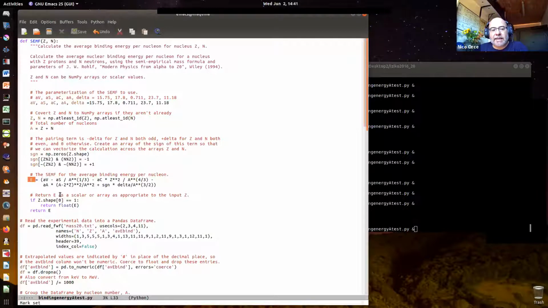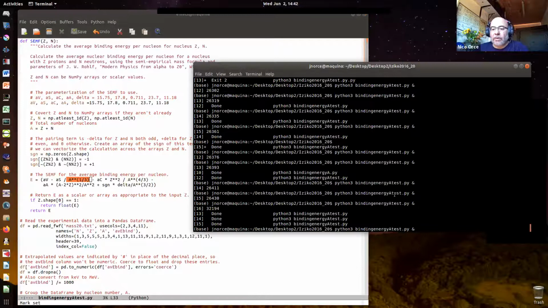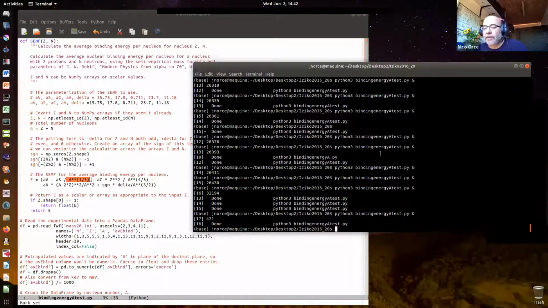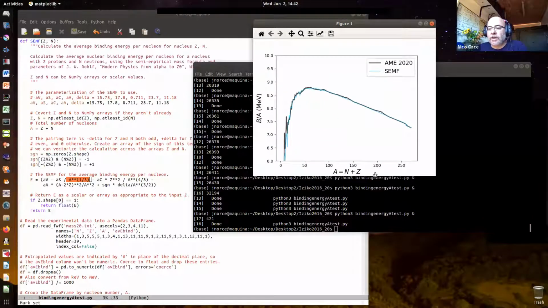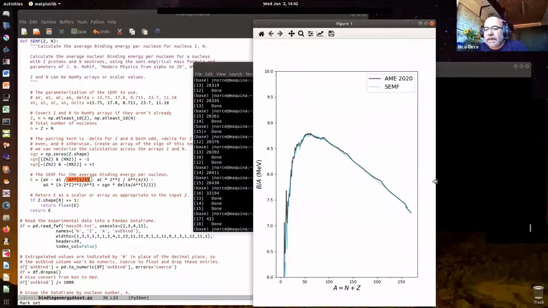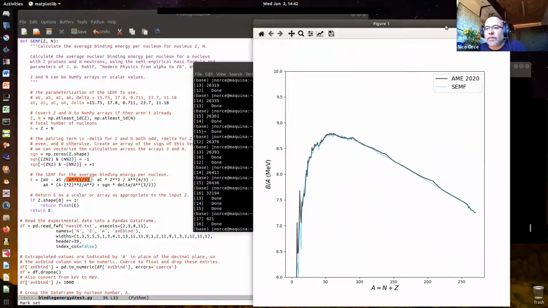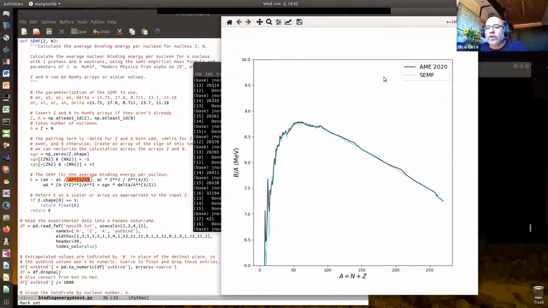The AV parameter doesn't have any A here. The A to the -1/3 should be A to the -2/3. All this term is being divided by A, so that we already get the binding energy per A, right?